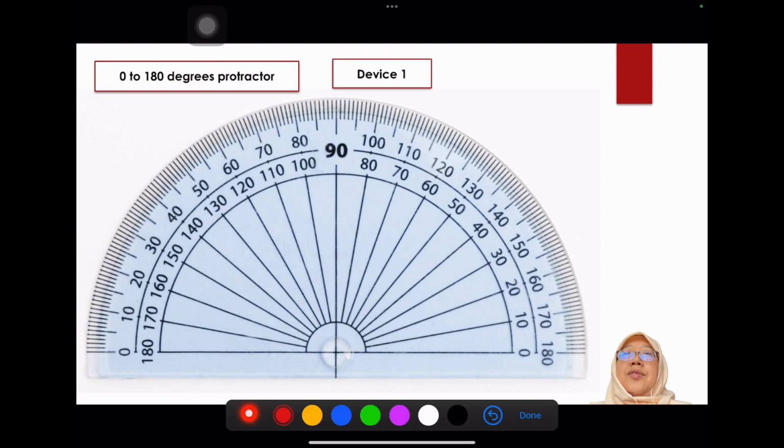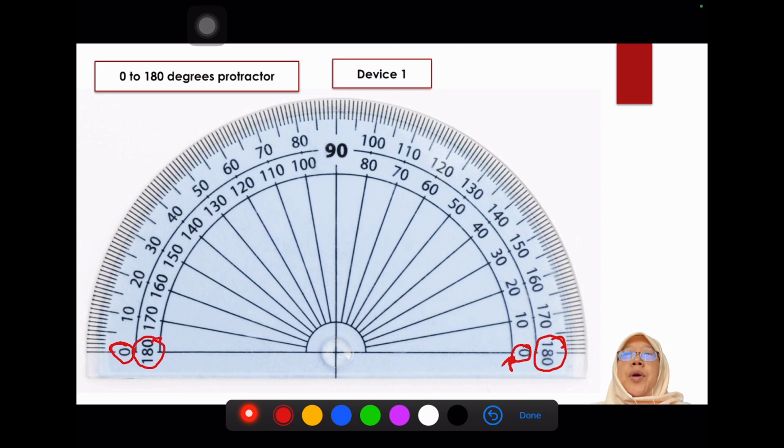So the name is 0 to 180 degrees protractor. So you can see this is the inner scale. It starts from 0 on the right and it ends with 180 on the left. Now the other one, which is the exterior scale, starts 0 from the left and ends with 180 on the right.